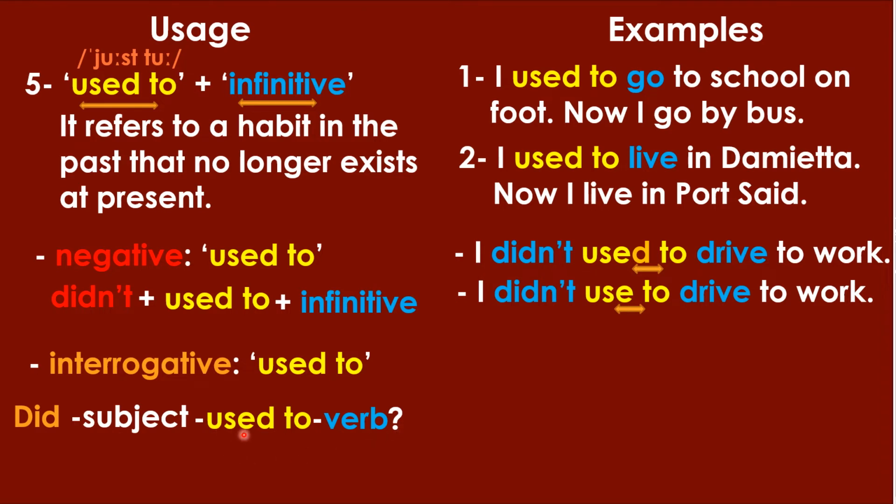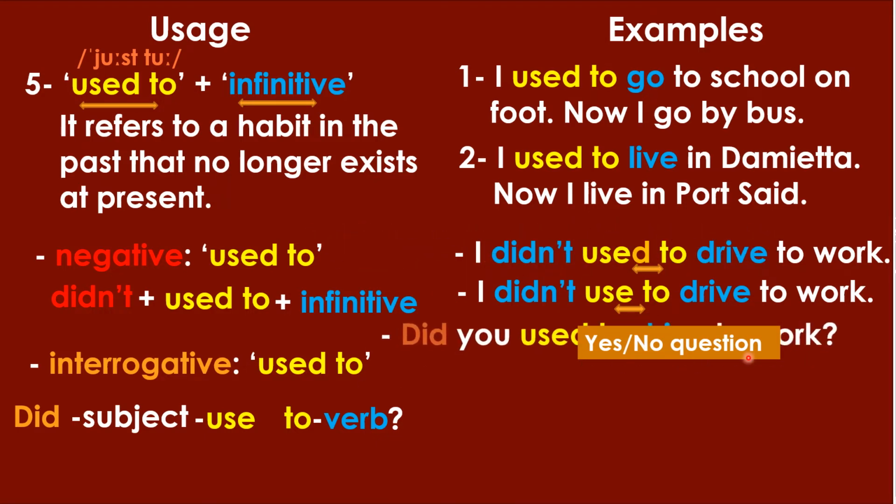And by the way, I have used to here, okay, and again we can delete the D, so both are right with the D and without the D. ممكن أقول used to أو used to بدون ال D. It's the same like, you know, the negative form. نفس النفي بالضبط. Okay, so let's have a look at some examples. Let's have a look at a yes no question.